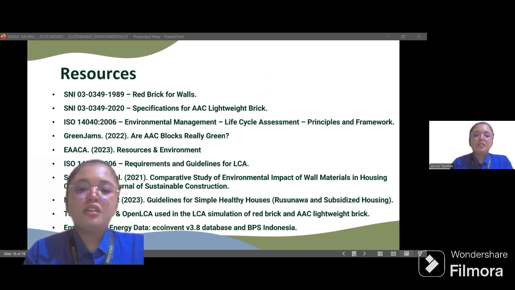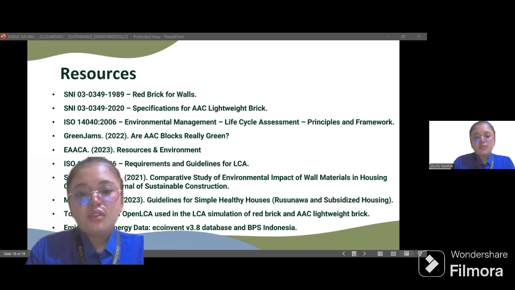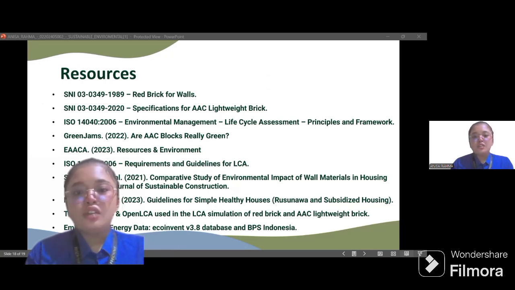And for international LCA standard, I have ISO. We refer to ISO standards for the basis of the LCA methodology. Scientific sources like journals were also used to examine industry terms about AAC material, including the limitations.